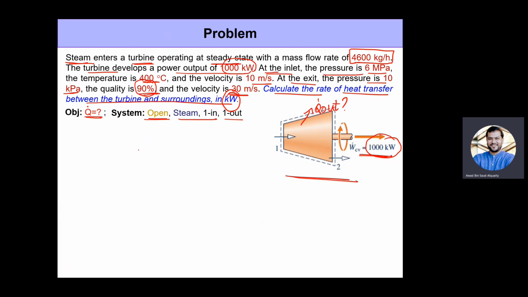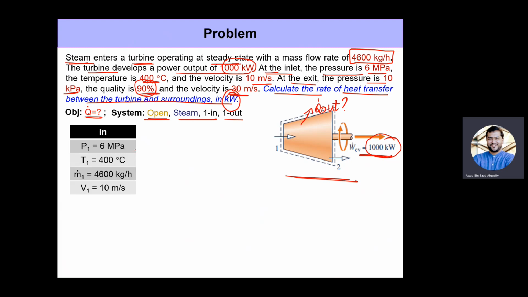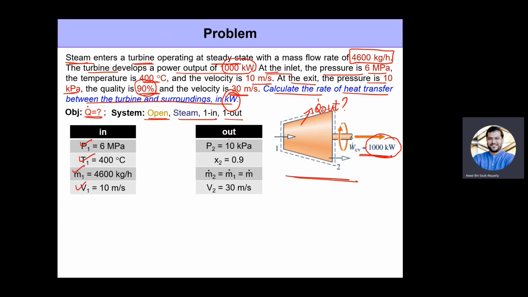Okay, so let's note down the inlet and the exit information in the form of a table like we always do. So this is the information available at the inlet: pressure, temperature, mass flow rate, and velocity. Same way you have information at the exit, which is pressure and quality.